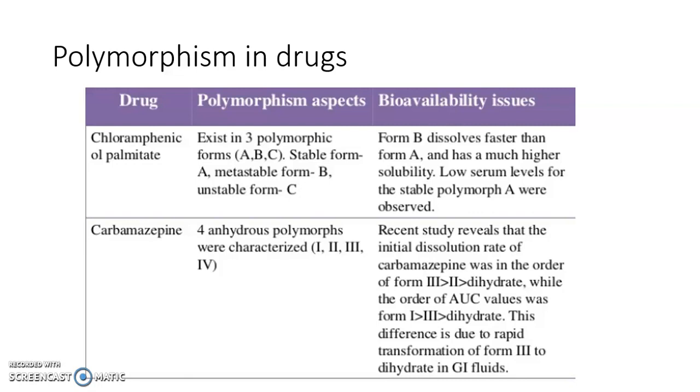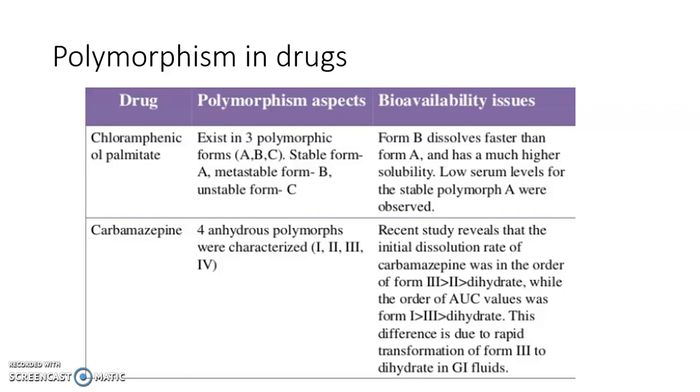While in the order of area under curve values, you will get form 1 highest, then form 3, and then the dihydrate form. So this difference is due to the rapid transformation of form 3 to dihydrate in the gastrointestinal fluids.